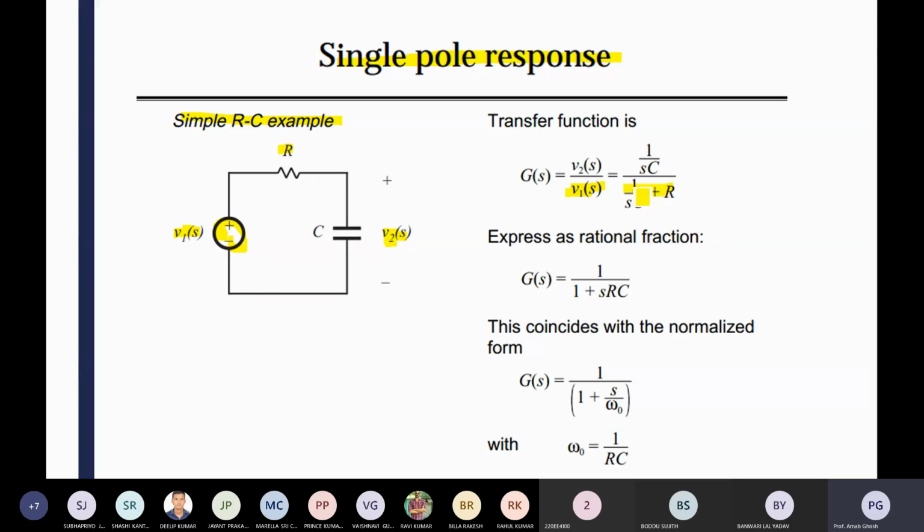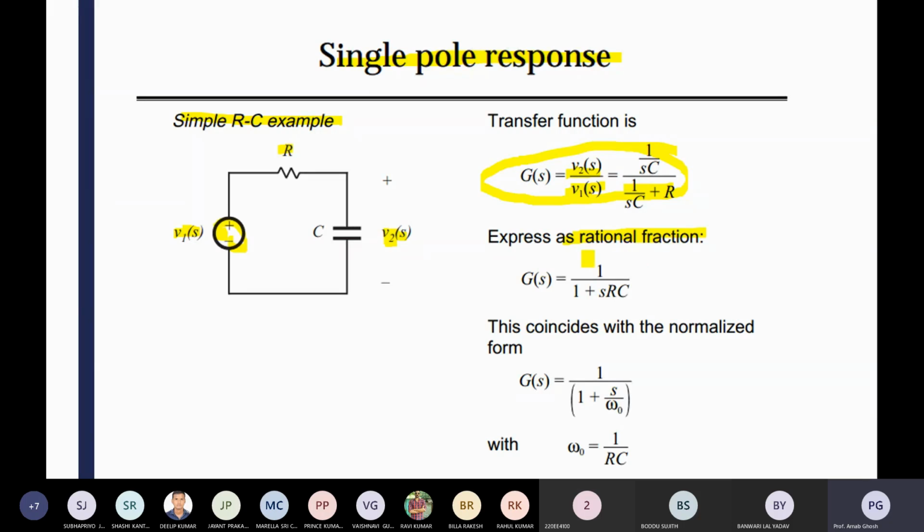You can make a common value, and at the end of the day you will get that expression. It is a simple expression you have calculated from here. So what will be the rational function? You can equate that.